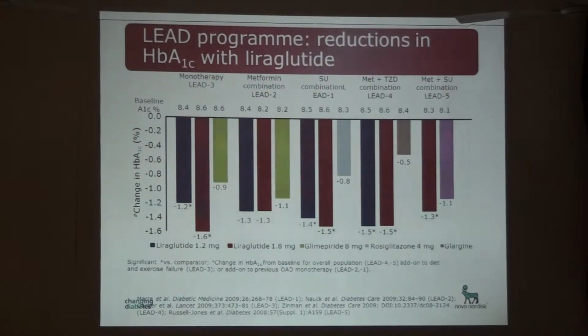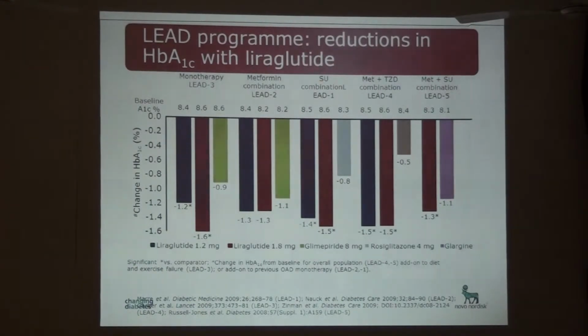Put it in one slide for you. So you can see in monotherapy, I just discussed it individually. In combination with metformin versus a glimepiride, there was a more significant reduction, 1.3 versus 1.1. In combination with a sulfonylurea compared with rosiglitazone, a TZD, again a 1.5% reduction as opposed to 0.8 with rosiglitazone.